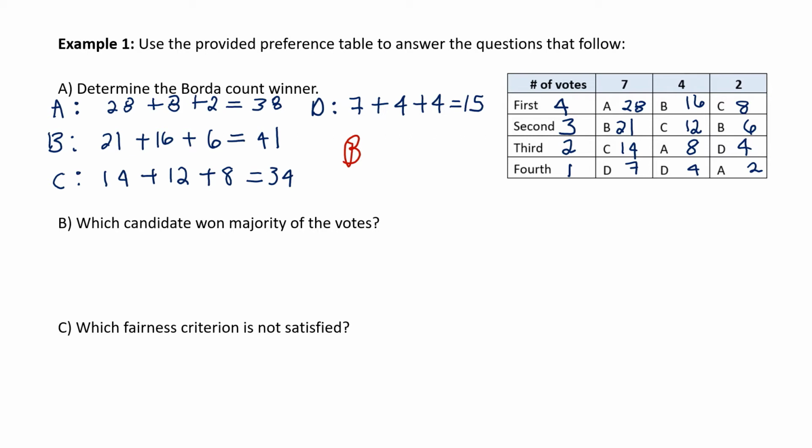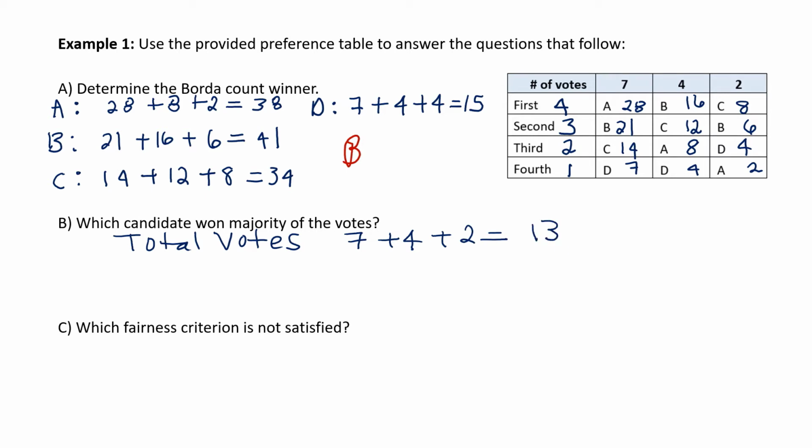Part B, which candidate won majority of the votes? To determine that, we've got to figure out how many total votes first. So we'll add up the numbers along the top row. 7 plus 4 plus 2, that's 13 total votes.